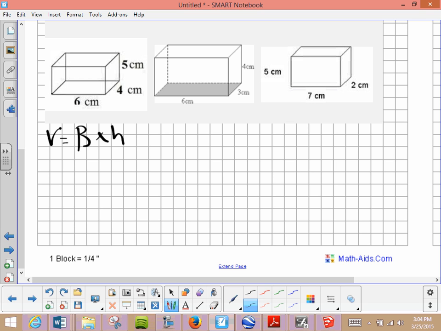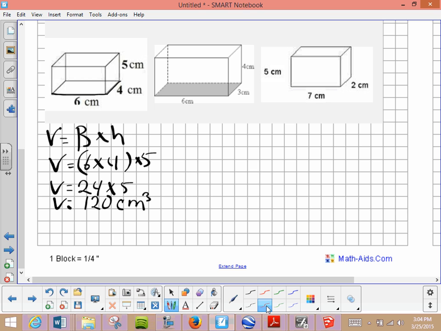So the base would be this one right here, and the area of the base would be only those numbers included over there. So 6 times 4, and then times the height of 5. 6 times 4 is 24. 24 times 5, what does it give me? 120 what? Cubes. We're doing cubes, right?